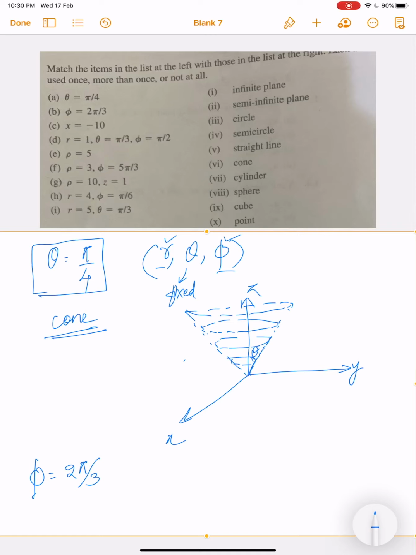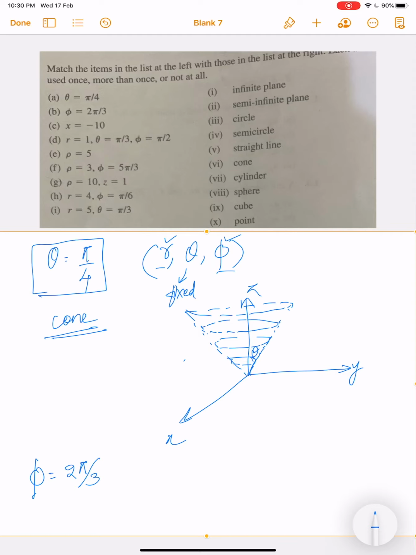The next part is phi is equal to 2 pi by 3. So in this, what will happen? Over here, my phi is fixed. That means my theta can vary, my r can vary, but my phi will remain fixed.